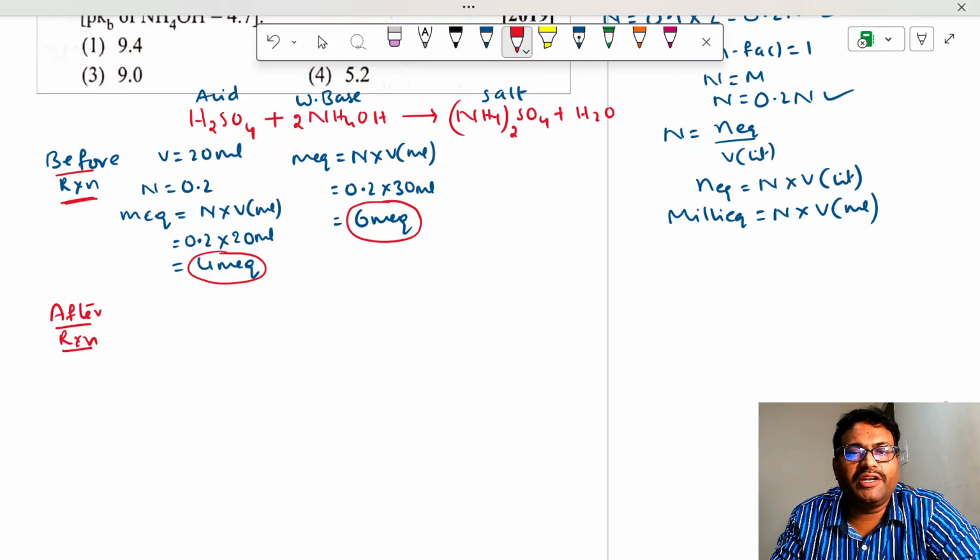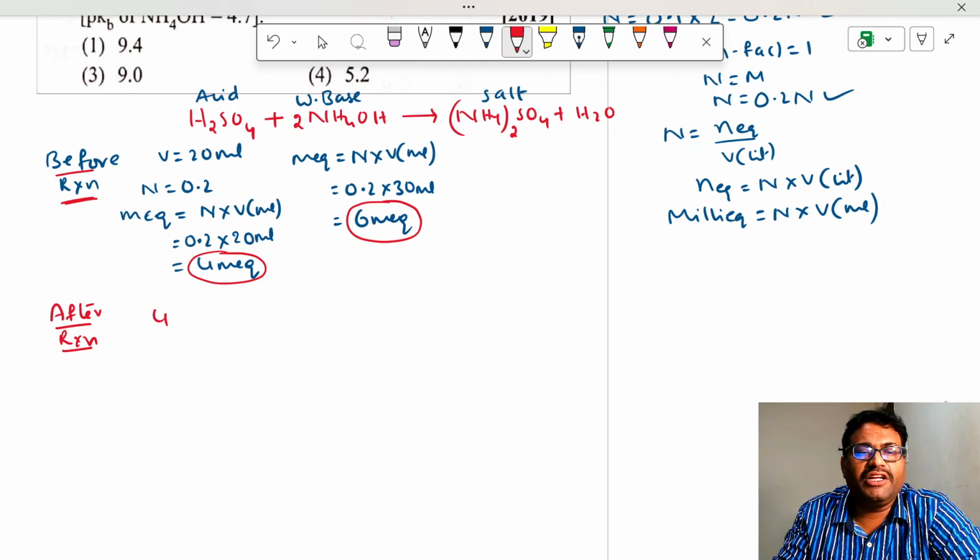So which will remain without reacting and which will completely react? H2SO4 completely reacts. For 4 milliequivalents of H2SO4, you have 4 milliequivalents of NH4OH, and 2 milliequivalents extra.